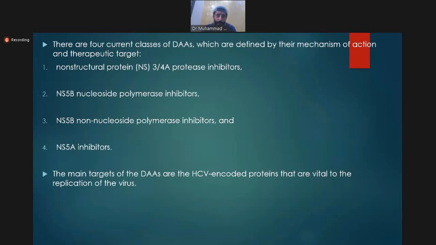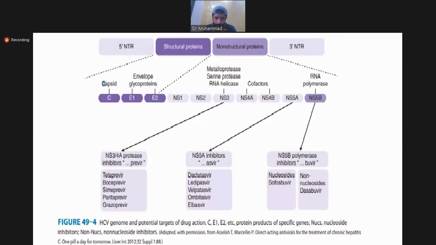There are basically 4 classes of drugs, defined by the mechanism of action and therapeutic target. Basically, what we have to look at are the proteins of the hepatitis C virus, which comprise different glycoproteins, capsid, RNA polymerase, and these are non-structural proteins.